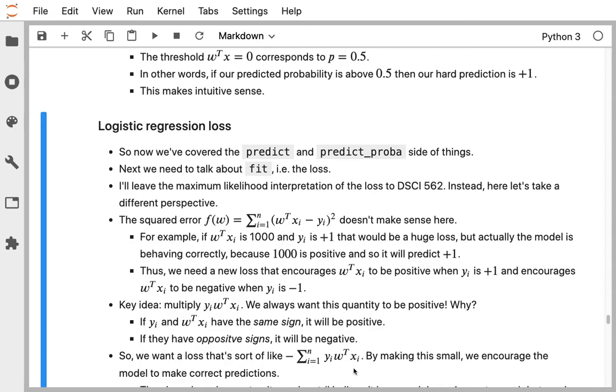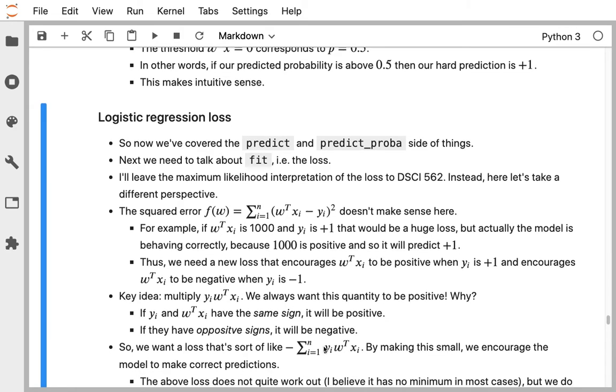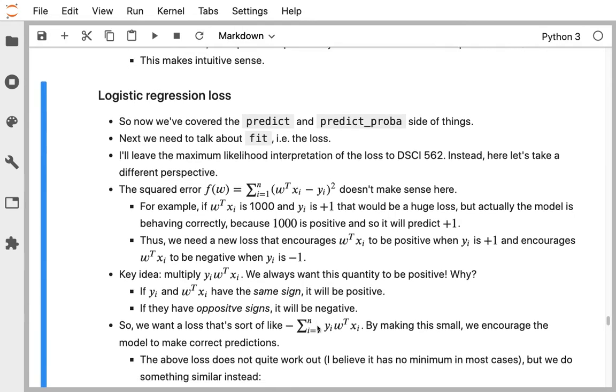And now we're just saying, try to make this thing positive or maximized all the time, and then we're telling it to make correct predictions. So minimize this whole thing with the minus sign, or maximize it without the minus sign. Either way, we're just trying to get the answer right for all training examples. This is not actually the loss we use. It's not going to work. I think it's probably going to cause the w's to go to infinity or something crazy like that.